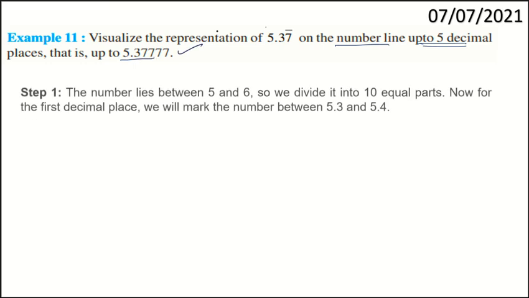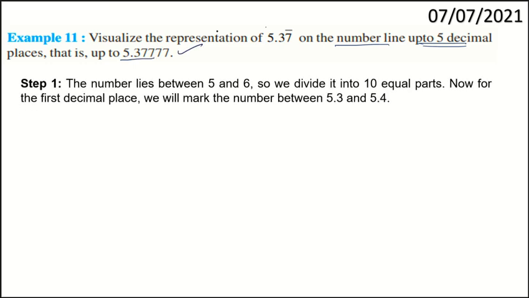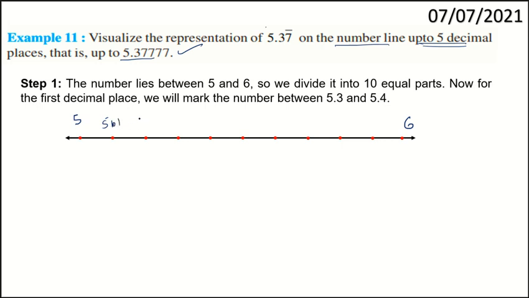So, step number 1, as usual, this number lies between 5 and 6. I have taken this 5 and 6, it lies between 5.1, 5.2, 5.3, 5.4, 5.5, 5.6, 5.7, 5.8, 5.9.